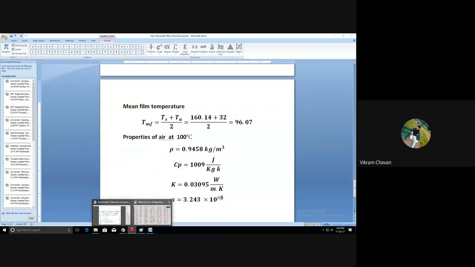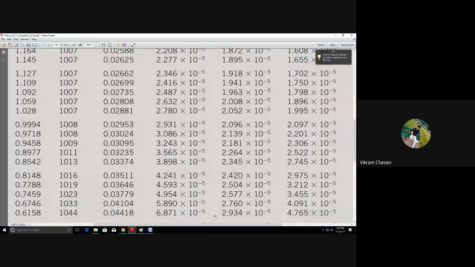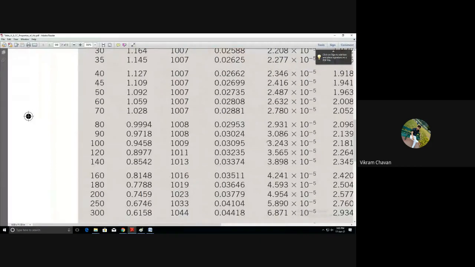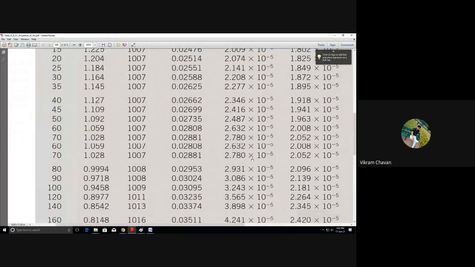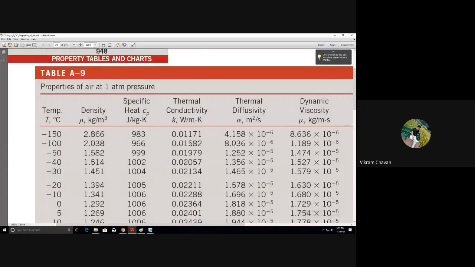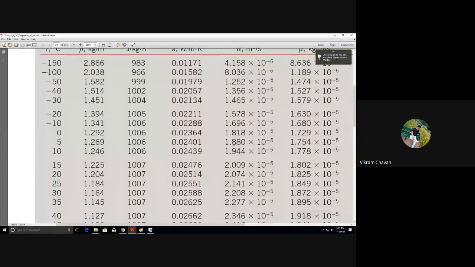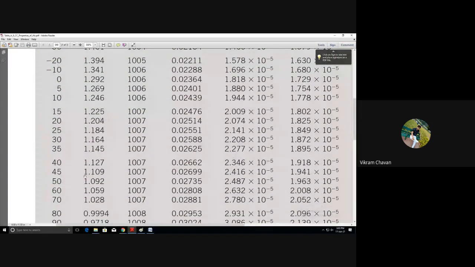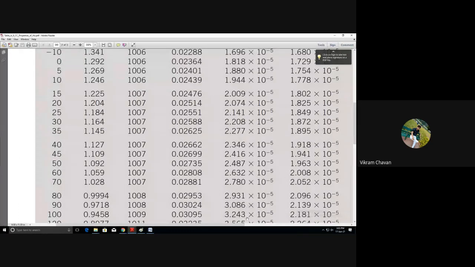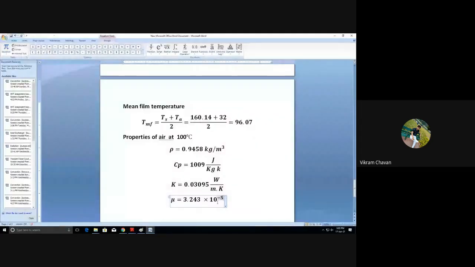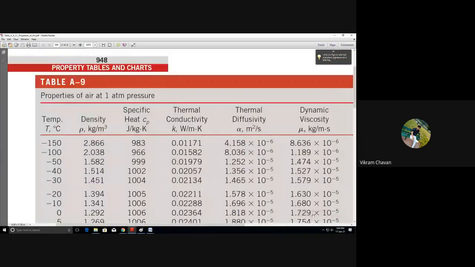Then next, for 100, it is thermal diffusivity, and the dynamic viscosity is 2.181 into 10 raised to minus 5.